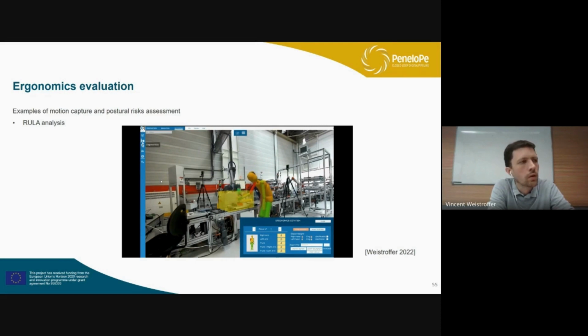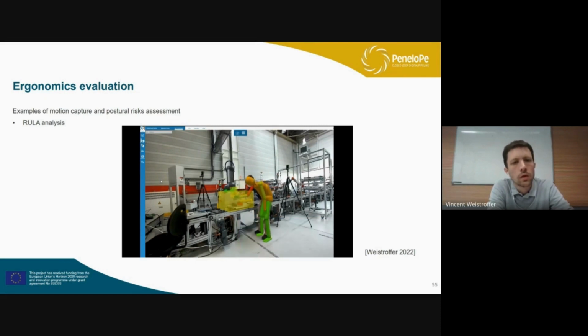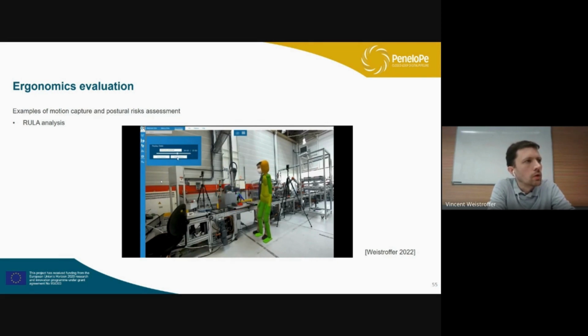You can display them on a small interface here. The different scores between 1 to 6 or 8. You can pause the human capture, and you can add some loads, some muscular fatigue, in order to use the ruler analysis. Okay.